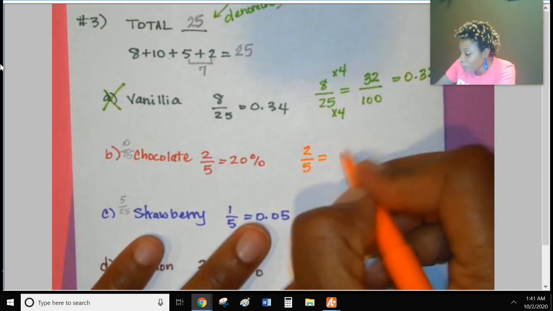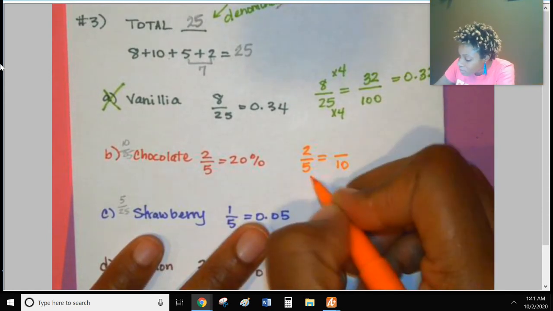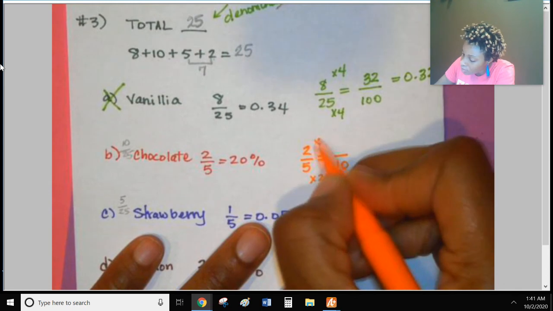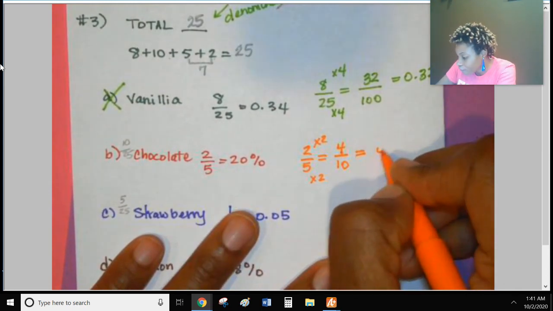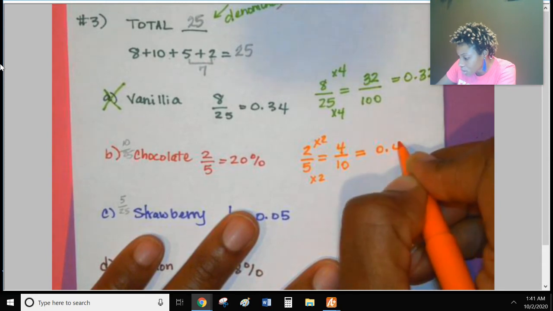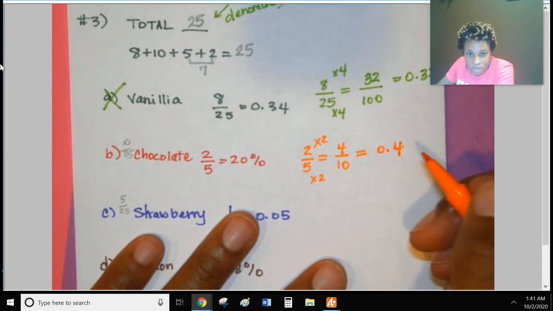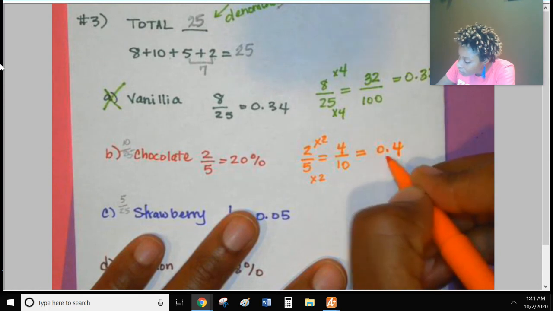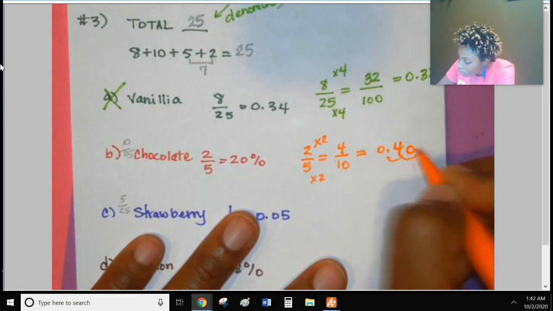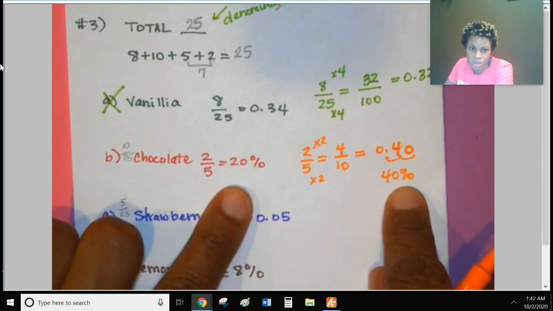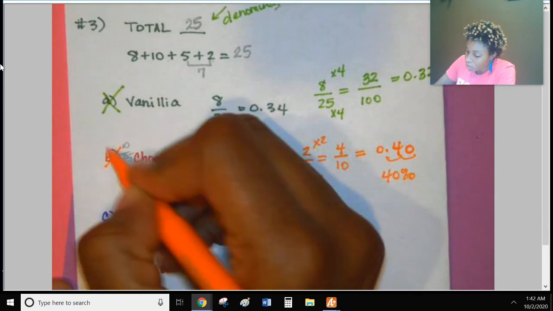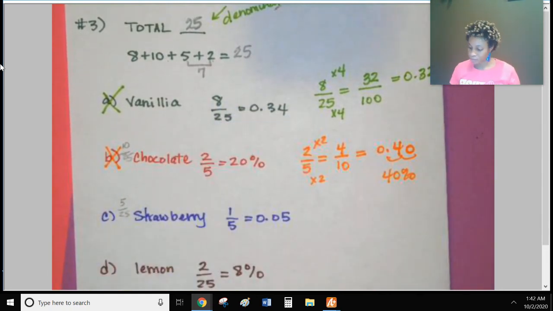So I'm going to do it over 10. 5 times 2 is 10, so 2 times 2 is 4. So I would get 4 tenths, which as a percent, add a placeholder, will give me 40%. 40%, 20%. Do those match? No. Chocolate is not correct.